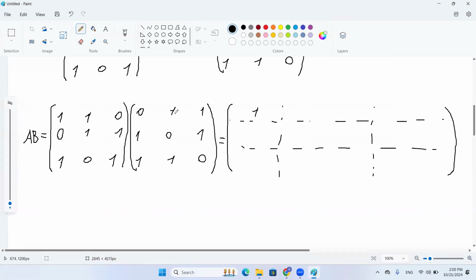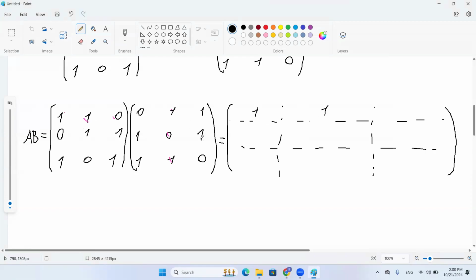Why don't my annotations work? Okay, so 1 by 1 plus 1 by 0 plus 0 by 1, 1 here as well.